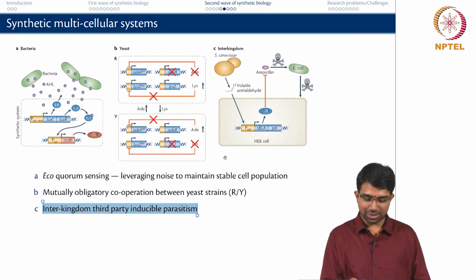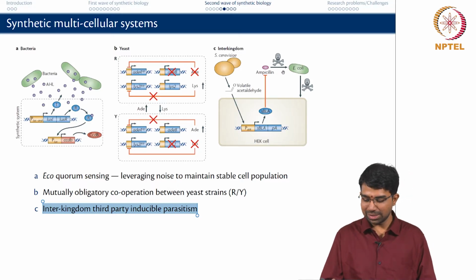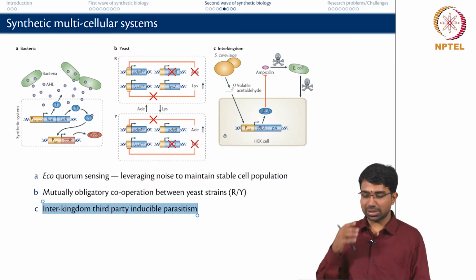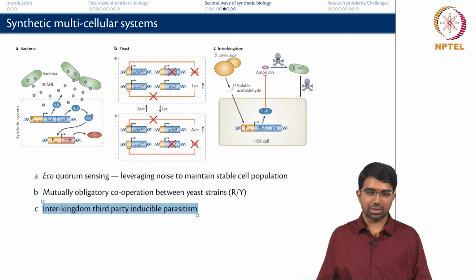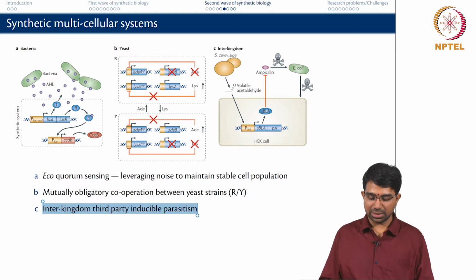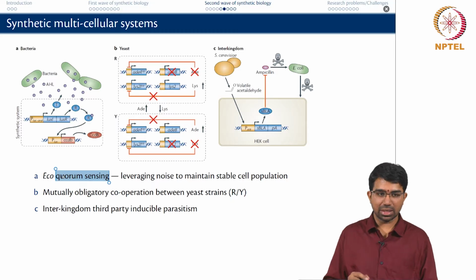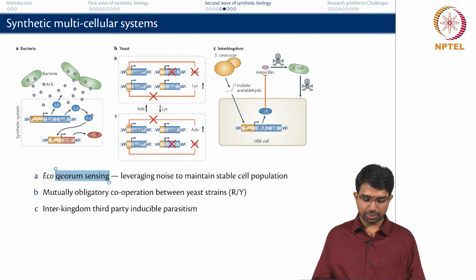So, this was not just 2 yeast cells, or all bacterial cells, but E. coli and yeast cells which try to find a particular kind of cell and induce parasitism and so on. Like, can you then destroy a particular cell and things like that. So, many interesting studies, a lot of them based on quorum sensing, because any cellular communication involves a lot of quorum sensing and so on.